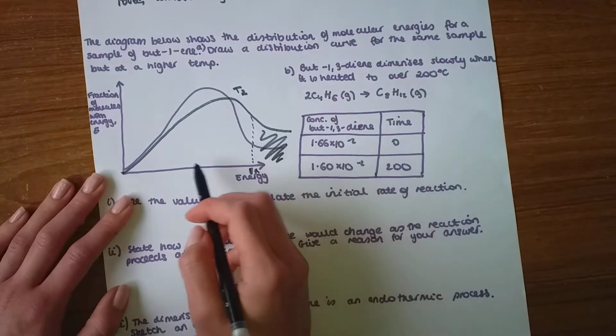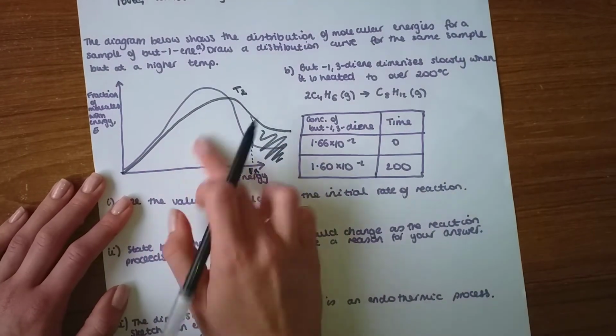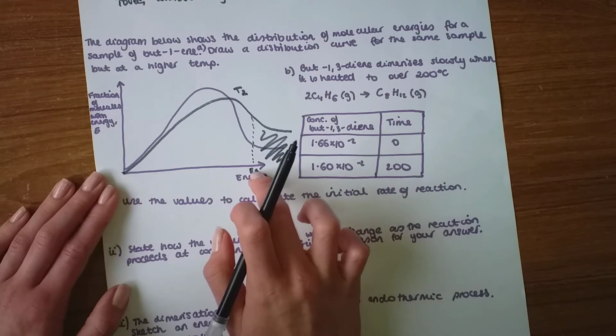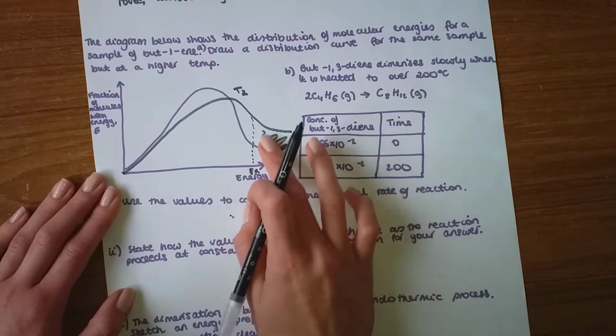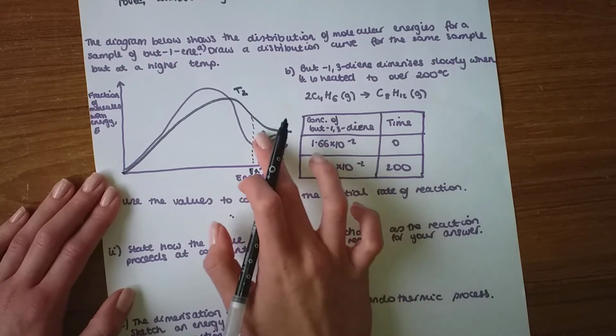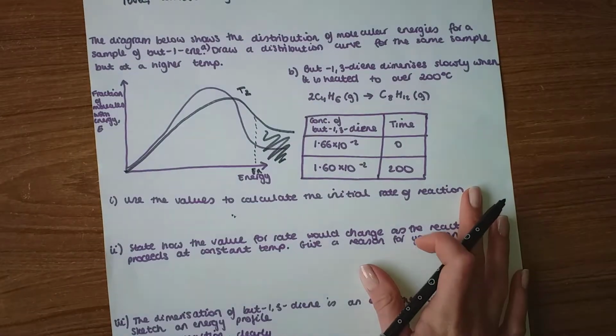Because in gases, there's actually a small percentage of all the molecules that will reach the activation energy. But when you increase the temperature, the percentage of these successful collisions will increase. I hope this makes sense.